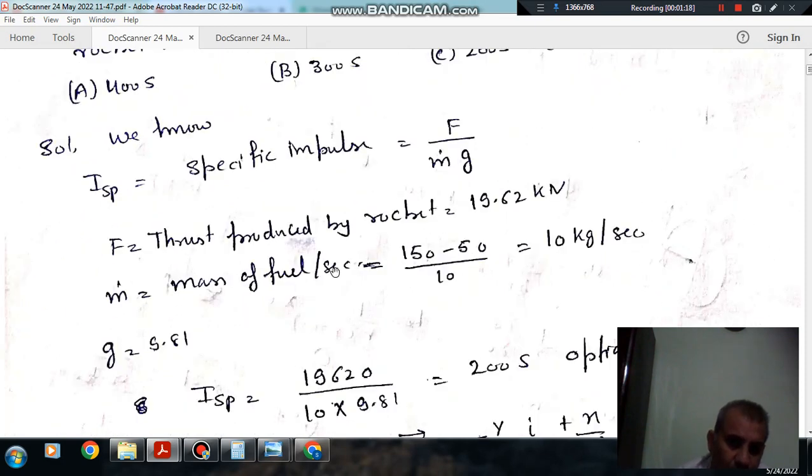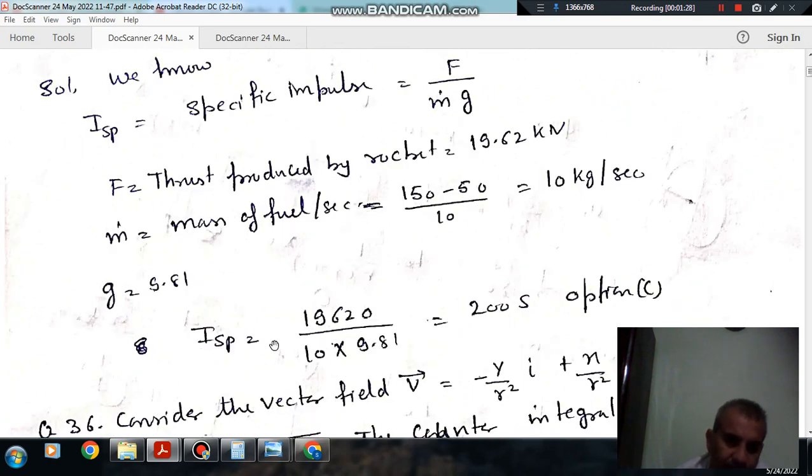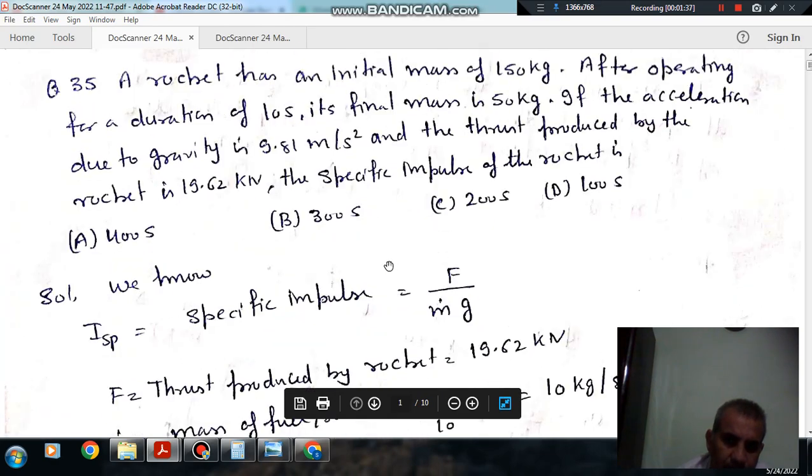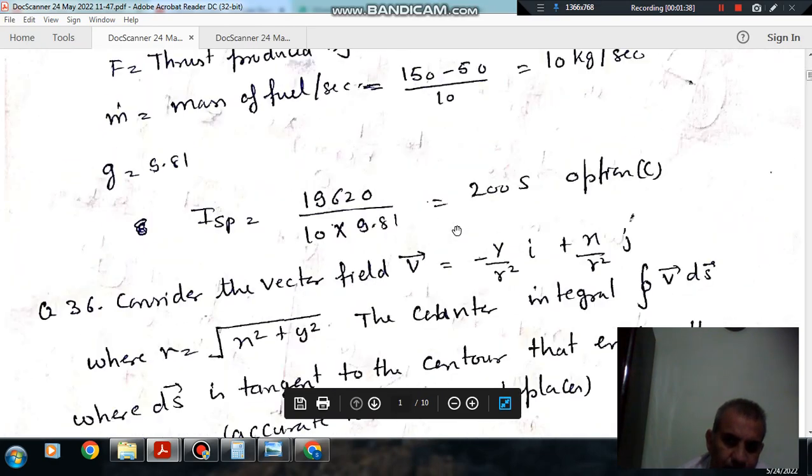So the mass of fuel per second is (150 minus 50) by 10, that is 10 kilogram per second. And g is 9.81. So specific impulse is 19620 divided by 10 divided by 9.81, that is 200 seconds. So the answer is option C.